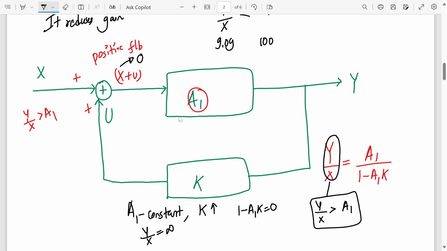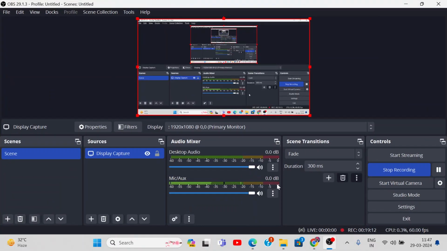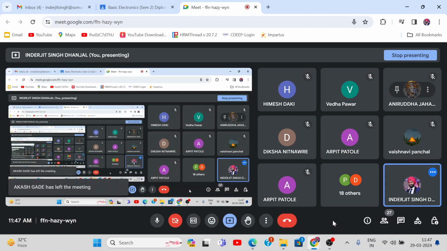Are you getting what I'm saying? Provided 1 minus a1 into k becomes very much close to 0. So this is the concept of positive feedback. Any doubt, anyone still? Hello?